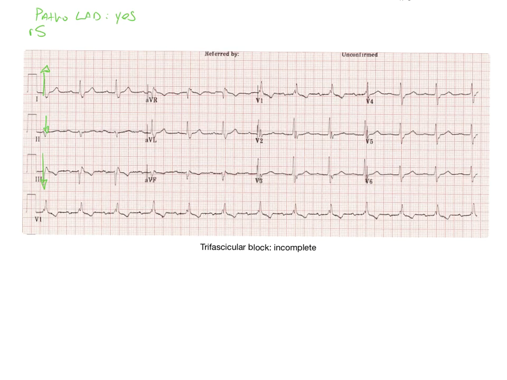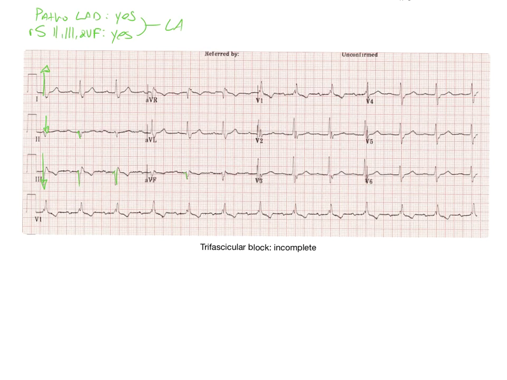QR or RS in 2, 3, aVF. All right, so little bigger, little bigger, little bigger. Okay. So you guys okay with that, more or less?